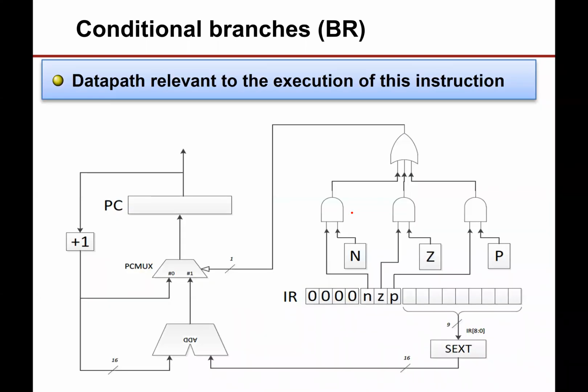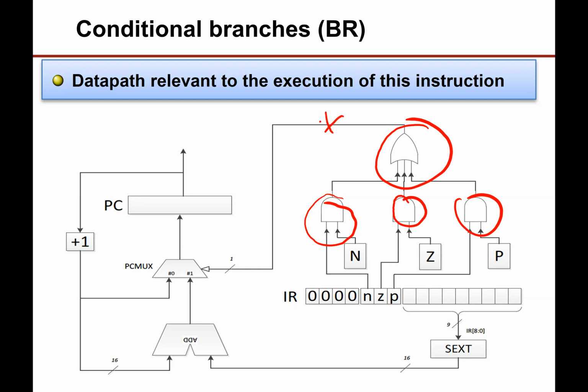So this is the data path of executing this instruction. Here we have the AND and also OR. So the result here is that the condition's output is 0 or 1. If it's 0, it means the condition is not satisfied. If it's 1, the condition here is satisfied.